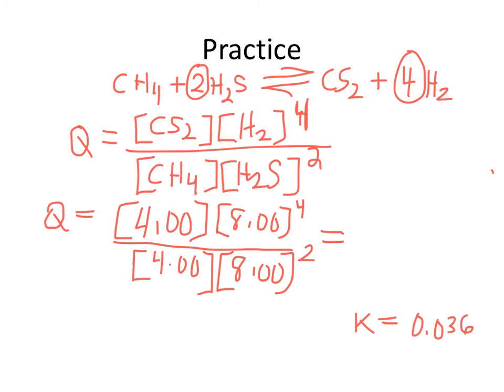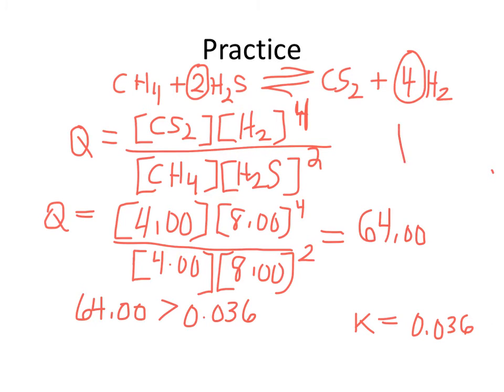Okay, so we get all the math done on this, and it comes out to be 64.00. So we have Q, we have K. Q is 64. K is 0.036. So Q is much greater than K.